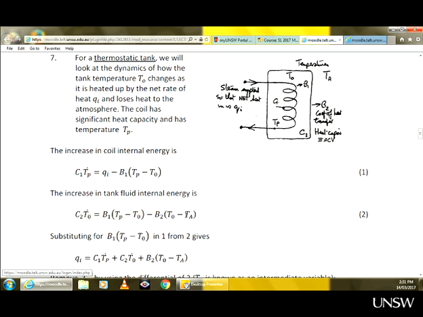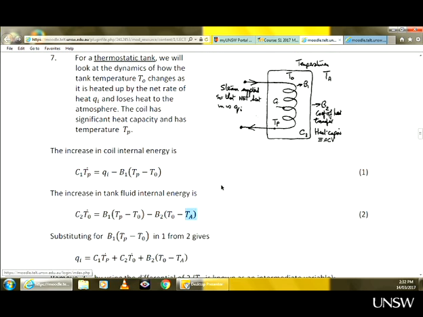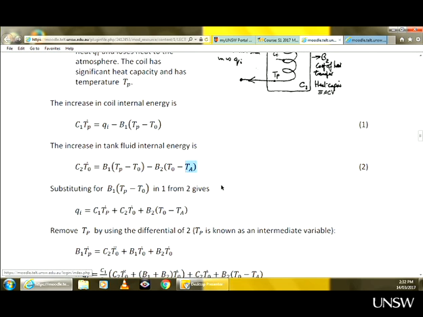TA, outside temperature, is assumed to be constant, although it's not clearly written here. TA, the temperature of the air around the tank, is assumed to be constant, or it is not affected by this thermal process. So although we are losing heat, the temperature in Sydney will still be the same. So three variables, two equations.